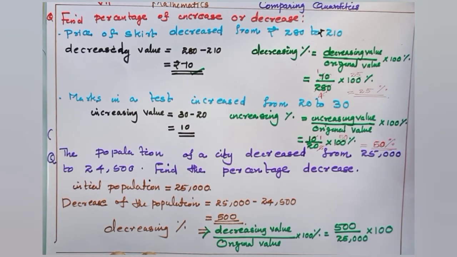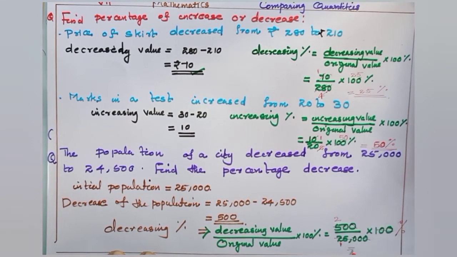We can cancel by 100, these two zeros and the 0 and 0. Then only 50 and 25. Cancel by 25: one times, 50 in 25 two times, 2 into 25, 50. So the percentage of decrease is 2%. 2% of the population decreases. Okay, understood all of you?